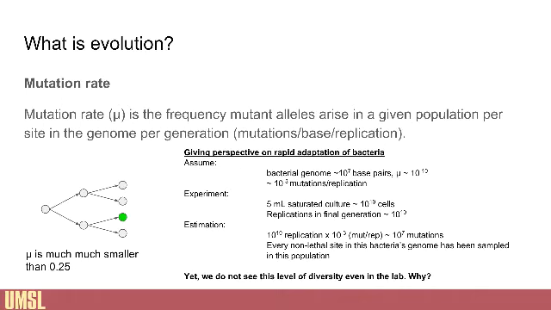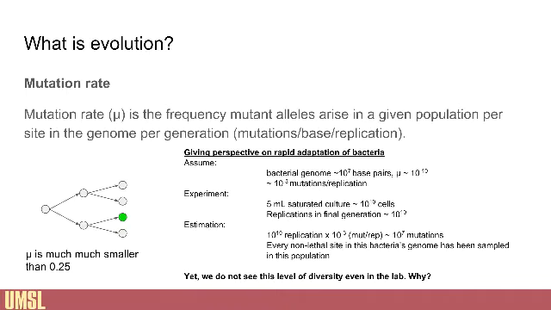So, mutation rate. This is basically how frequently mutations are showing up in a given population per site of the genome per generation. So mutations, the base, the replication event. And I always like numbers because it gives some perspective on this.